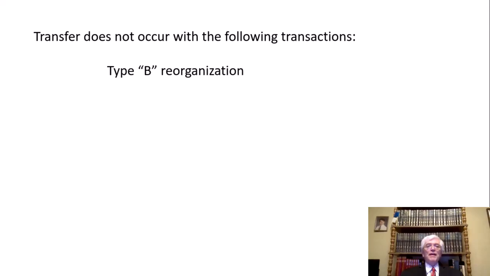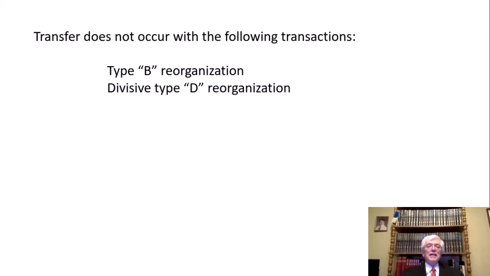The acquirer transfers its stock to the shareholders of the target in exchange for the target's shares. So the target corporation itself is not a party to the transaction. Its attributes, therefore, stay with the subsidiary. They don't transfer up to the parent.